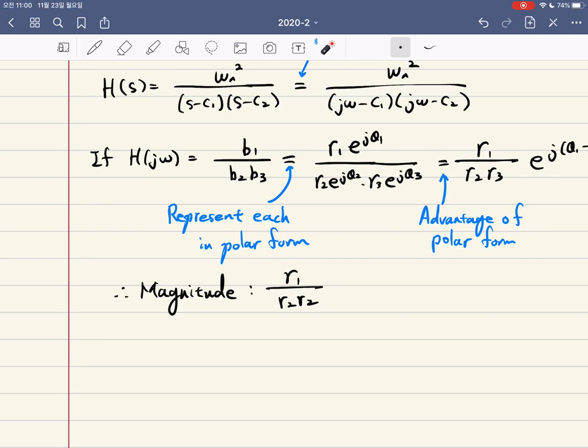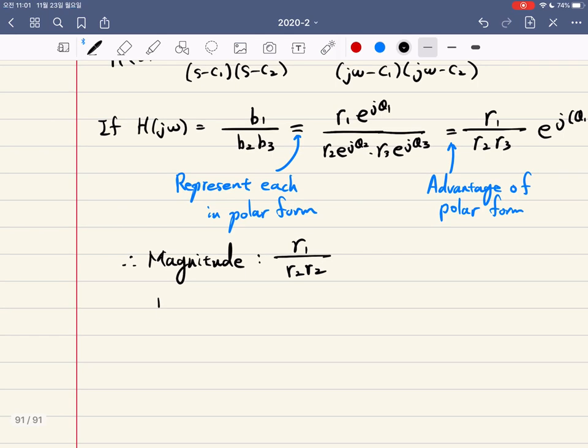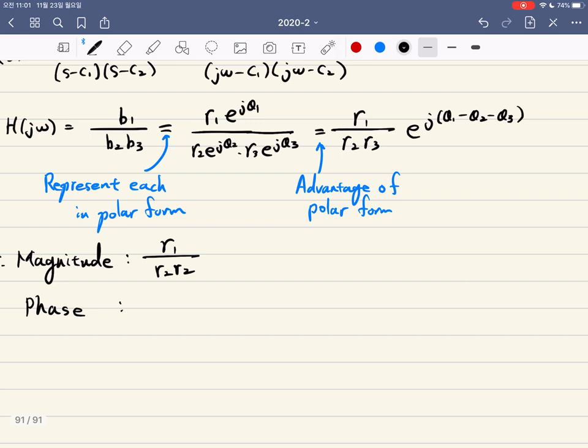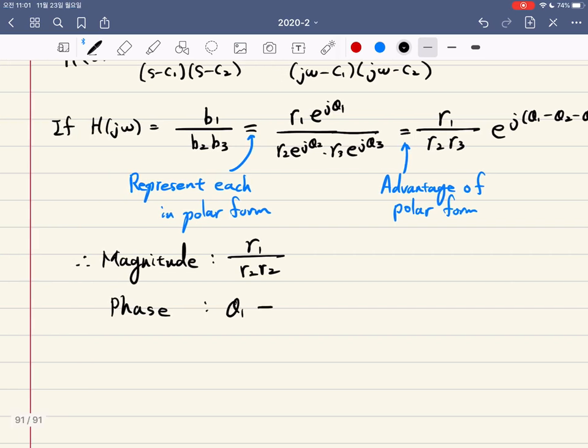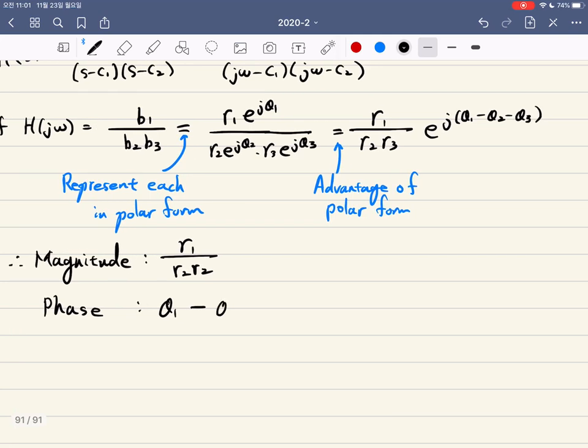And with the phase, what you have to do is do the summation of all of the phases of the numerator and subtract from that all the phases of the denominator like this.